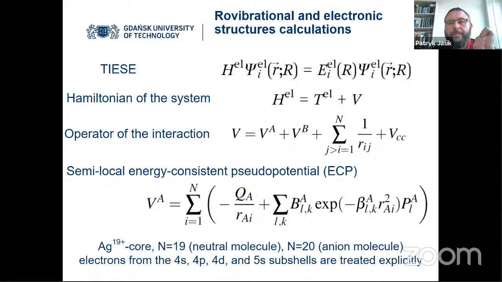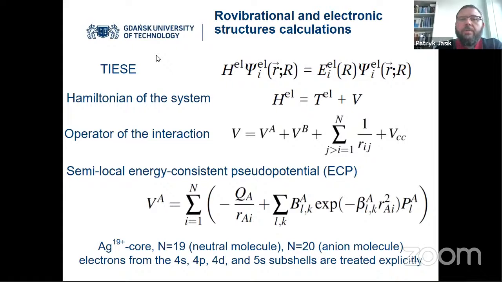Let me introduce our method, which allows us to calculate the vibrational and electronic structure of the anion dimer and the neutral silver dimer. It is a rather standard method.